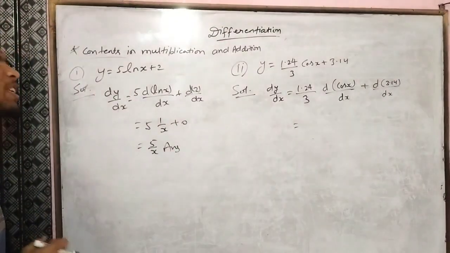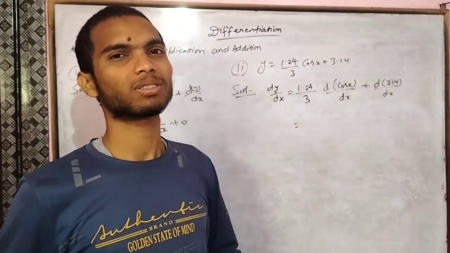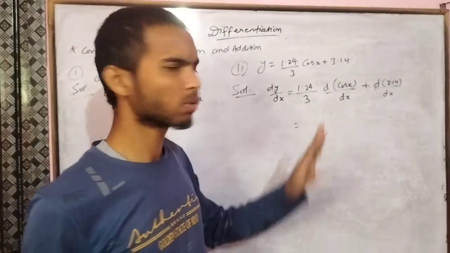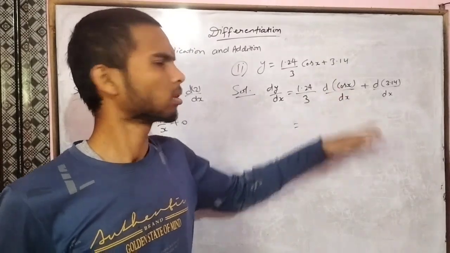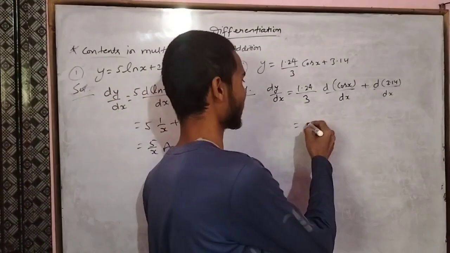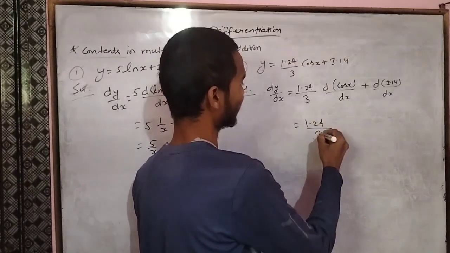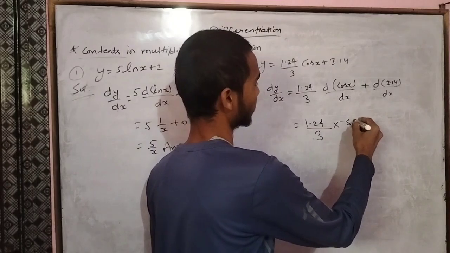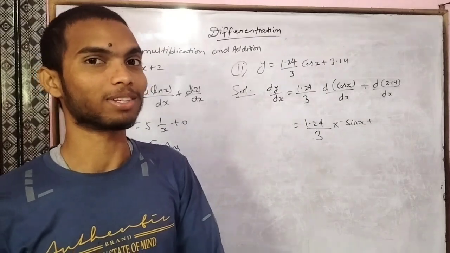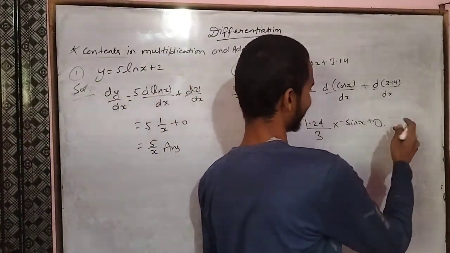You can see this is very complicated, but it is not as complicated as you are thinking. This will be written as differentiation of a cos x, minus sin x. First of all, 1.24 upon 3, and then minus sin x, and then we have one number, whose differentiation would be 0.